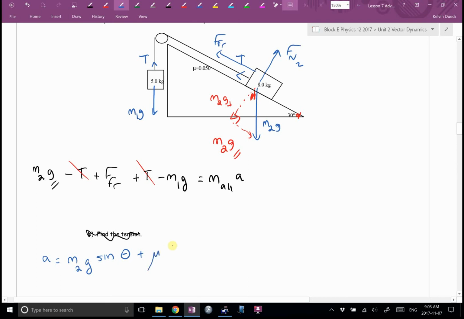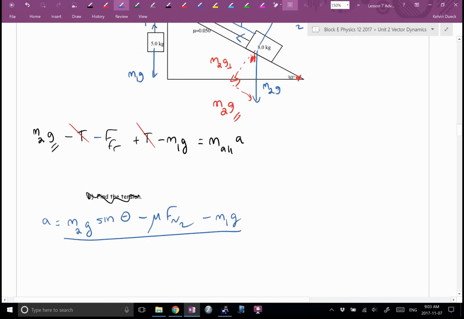Friction is mu times normal force number 2. That's what you were puzzling at, and that's what I should have done. Yes, you're right. It's minus. Thank you. That's going to go on YouTube. Whoops. And then minus M1G all over M1 plus M2.